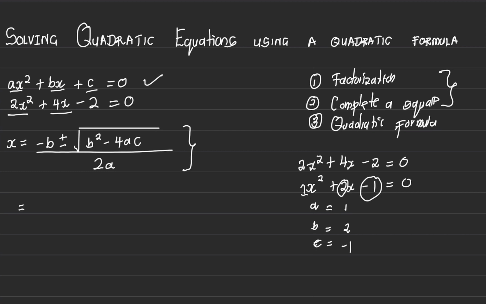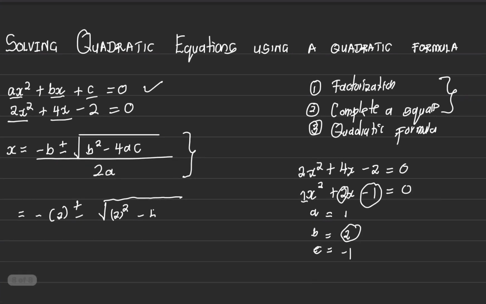We have minus b, so it's going to be minus 2, plus or minus the root of b squared, which is 2 squared, minus 4ac. So we're going to have minus 4 into the value of a, which is 1, and then the value of c, which is negative 1, all over 2a, so it's going to be 2 into the value of a, which is 1.